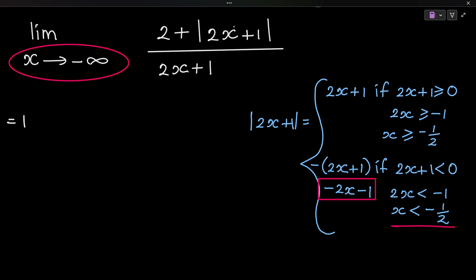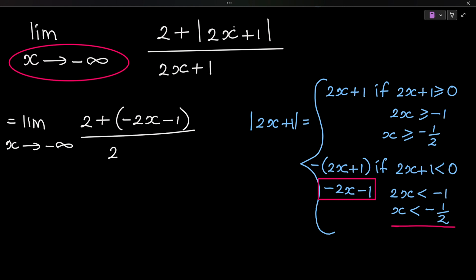So we're going to have the limit as x approaches negative infinity. We'll have 2 plus, and I'm just going to put this in a bracket, seeing that we've got the negative terms, all over 2x plus 1. Now, let me just rewrite this without the brackets.